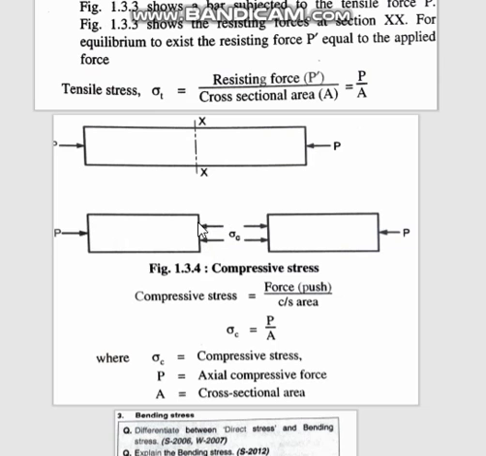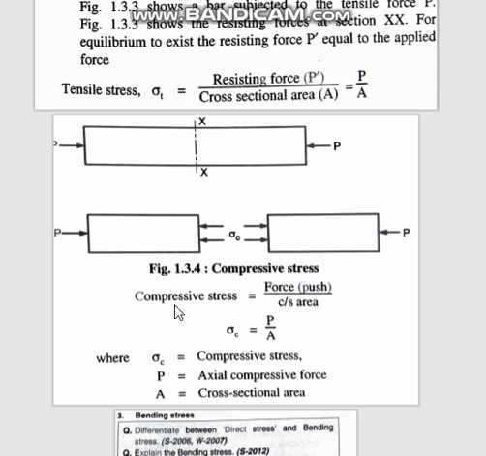And this cross section again can be a circle, it can be a square, it can be rectangular, it can be an I-beam, or a C section, or a T section, or any irregular shape. But anyway, whatever that area is, you have to calculate. And if you know the outside force P, and if you know the internal area, then you'll be able to compute this compressive stress.